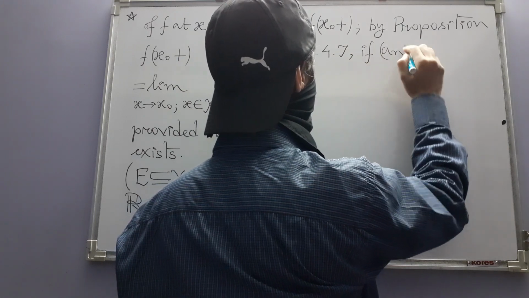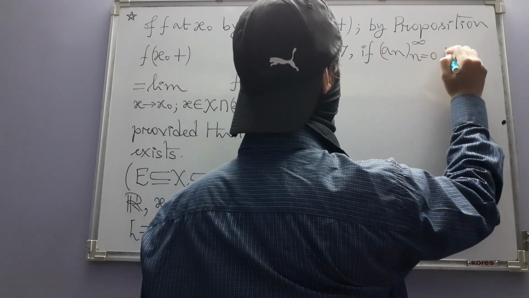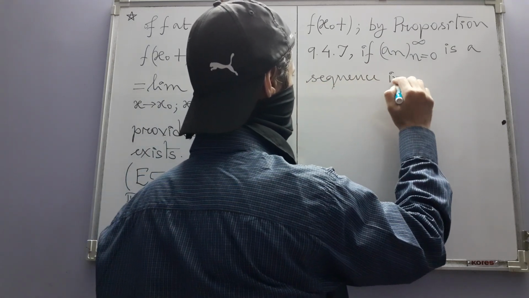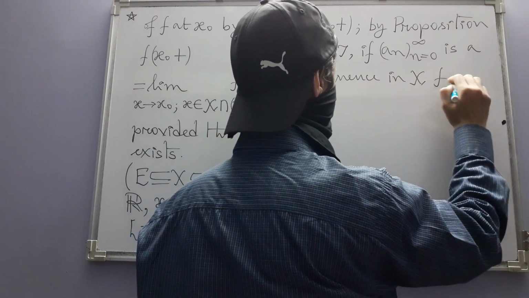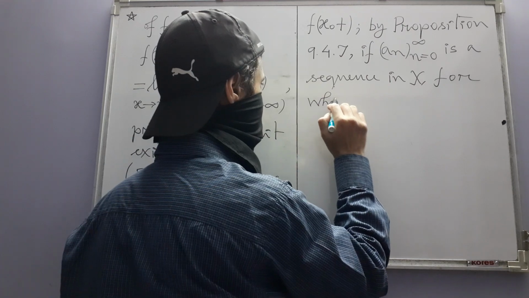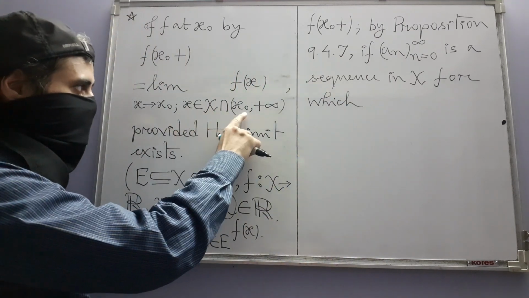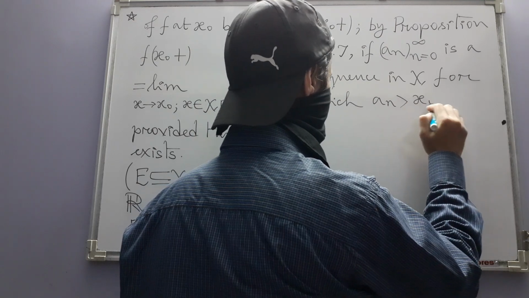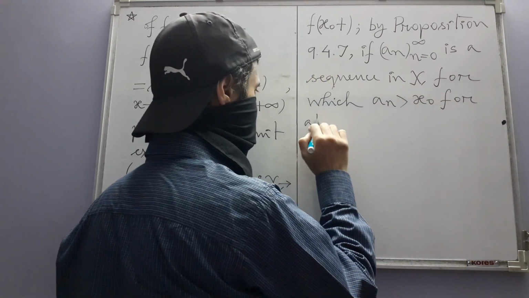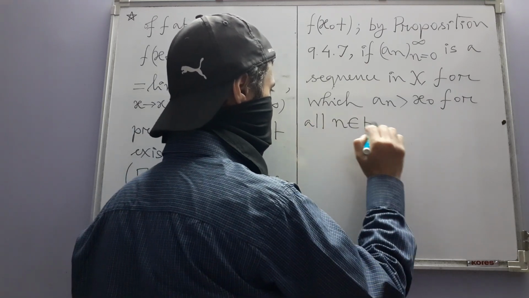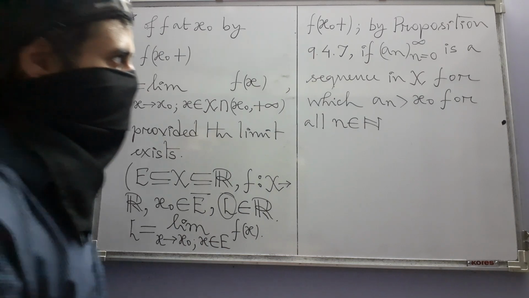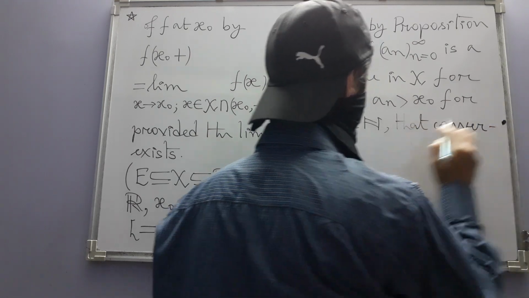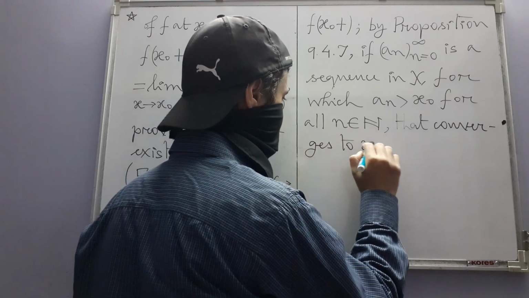If a_n is a sequence in X for which all the terms also lie in this interval, for which a_n is greater than x naught for all natural numbers n, that converges to x naught.